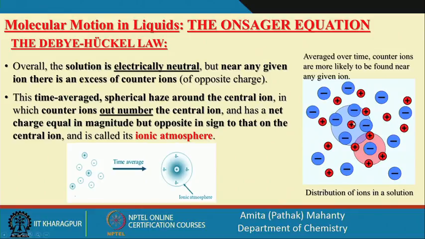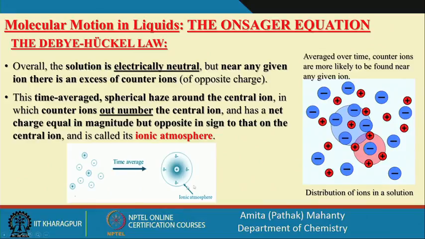And if you take a time average, counter ions are more likely to be found near the given central ion. If you take a time average, the spherical haze which we are looking into, I have demarcated this as a blue haze, and this haze of counter ions around the central ion outnumbers the central ion, and the net charge is equal in magnitude, but opposite, to the charge of the central ion.